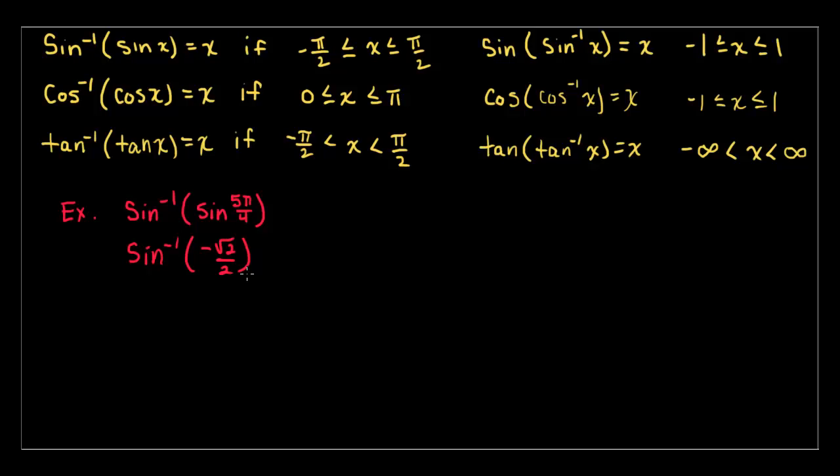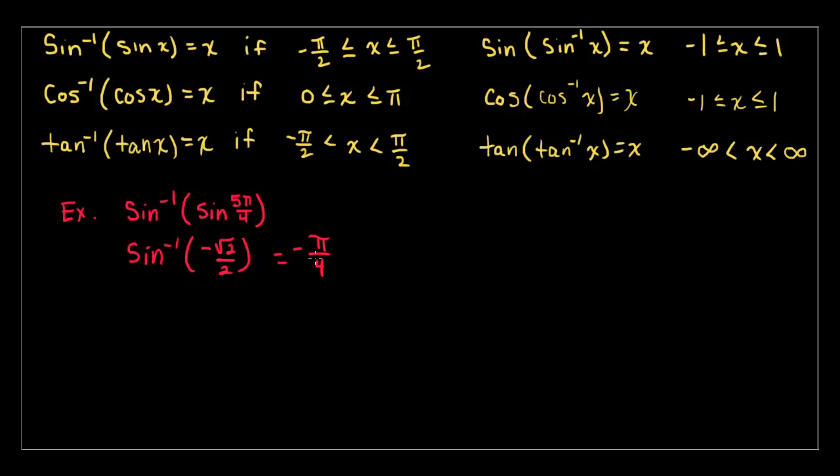That is negative pi over 4. If we look in our table, we find a value or two that has negative square root of 2 over 2 in the sine column.